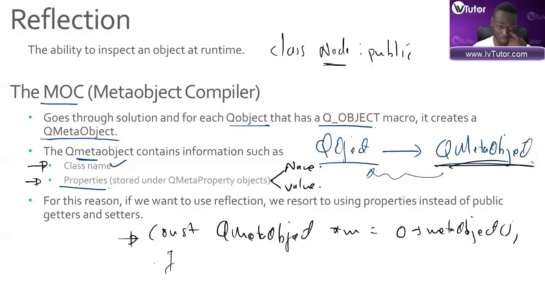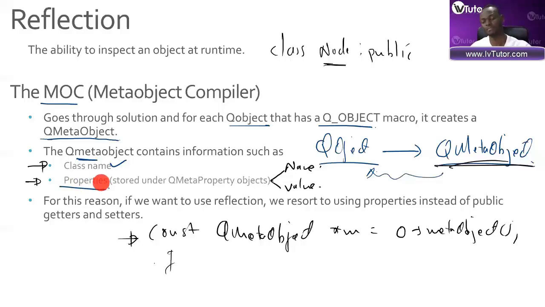because we are saying that the Q meta object contains properties. That is the one reason why every time we start talking about reflection, we start talking about properties at the same time.